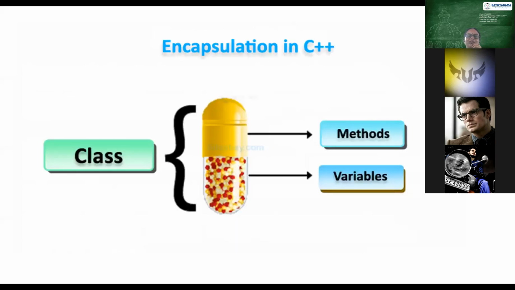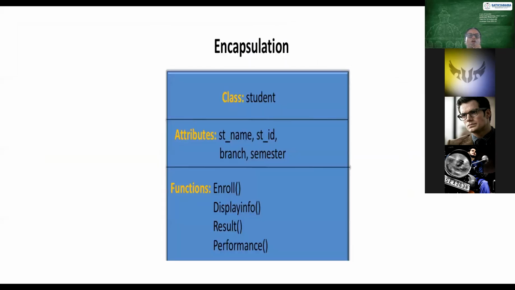It's a good example: methods and variables are in capsules. When you see class Student, the attributes or variables are student name, student ID, branch, semester, and so on. The functions are enroll, display info, result, and performance.